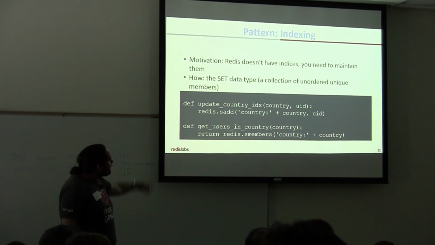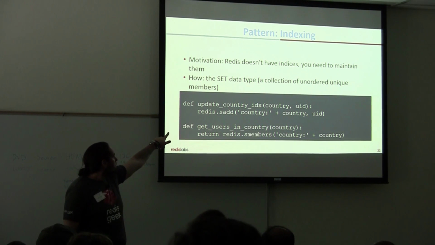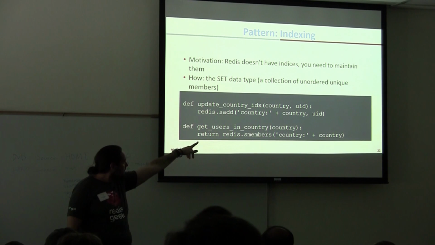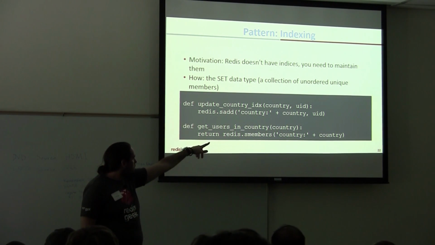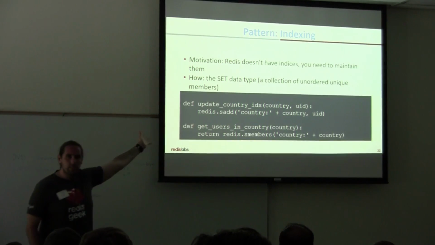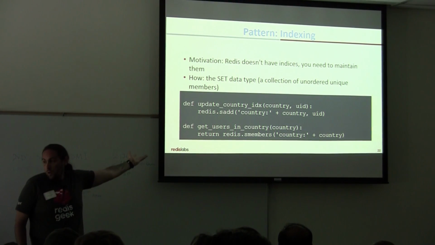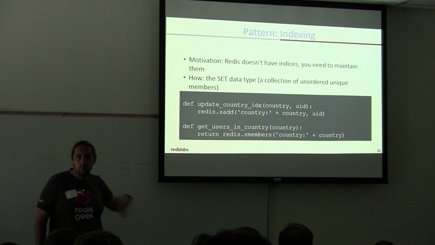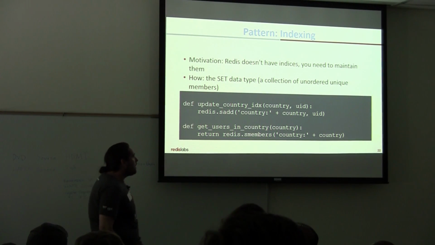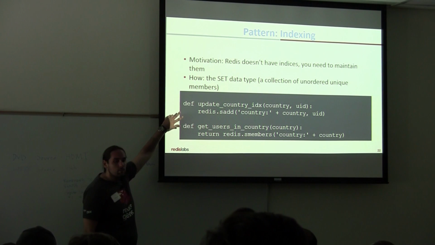So here's the basic usage of that set data type. You would just add the given user ID to this country ID. Before, I was talking about data denormalization, how you probably don't care about the country's attributes so much, you just want it so you can do some localization analytics later on in the back end. So here's those analytics.